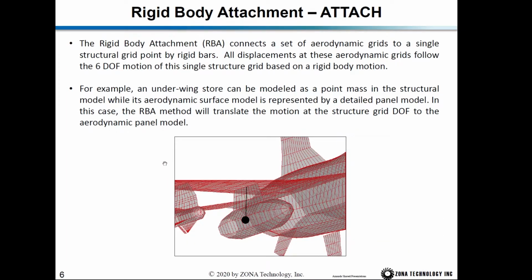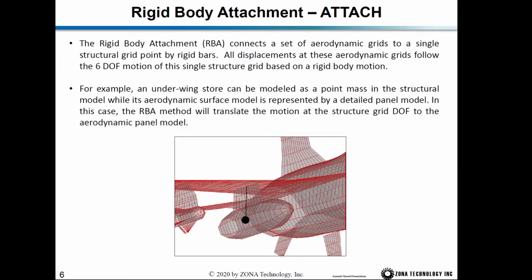And rigid body attachment is used, for example, if you have an underwing store in the structural model. Because the store is so rigid, they only model the store mass. So they lump the whole store mass on a single grid point.